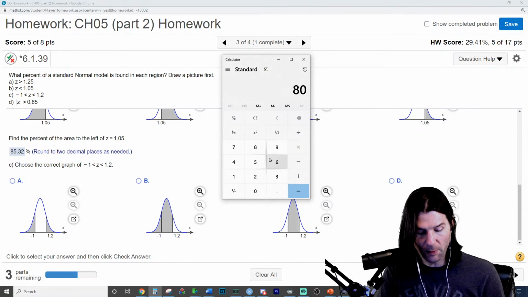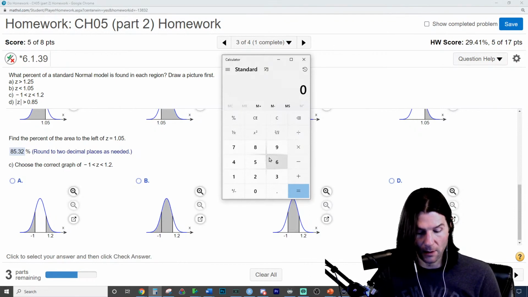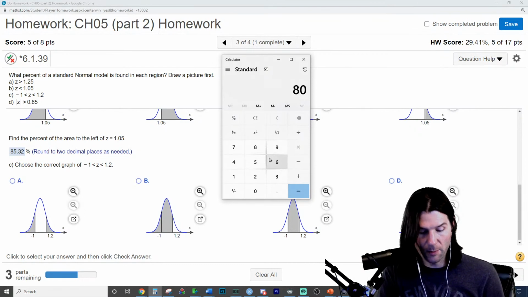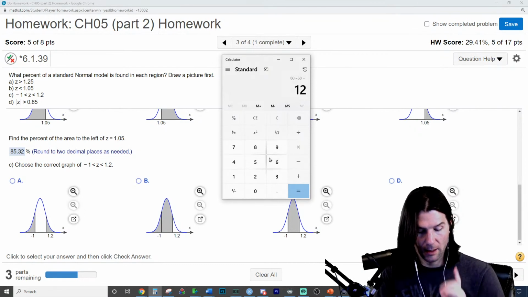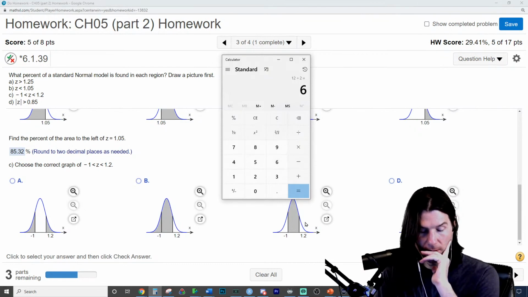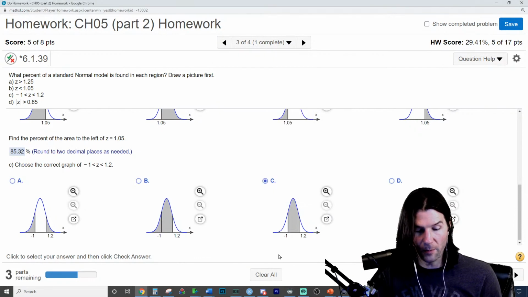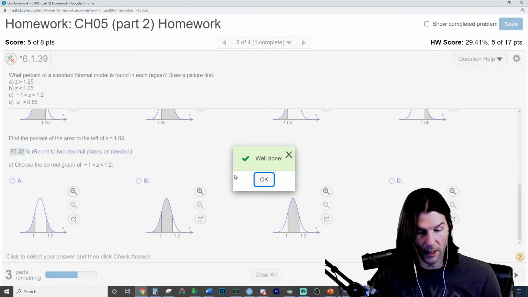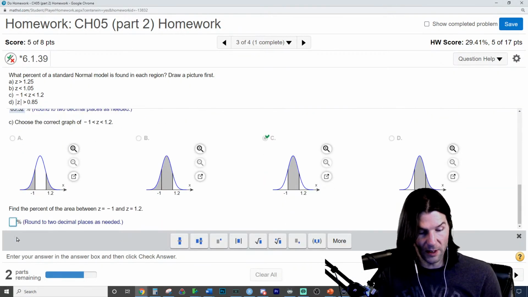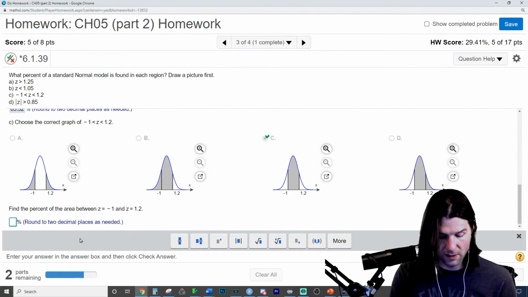I know this is an 80%, but no, that has to be about 80% minus 68 divided by 2. So it's a little bit less than that. So it has to be 68 plus about 4.8.